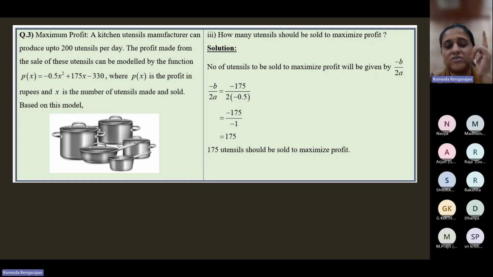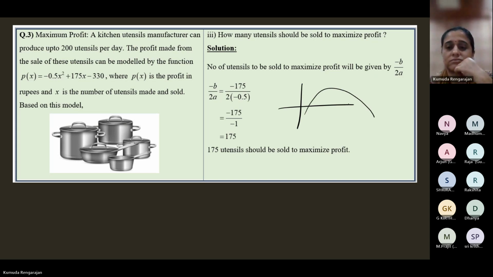And the vertex is the highest point. So the y coordinate is the highest profit made. Highest point, the maximum value of y, this one. See here, the value of y is lesser. This is the maximum value of y.